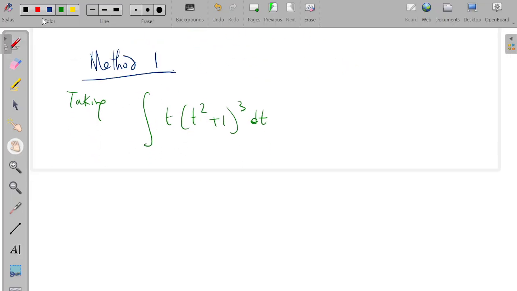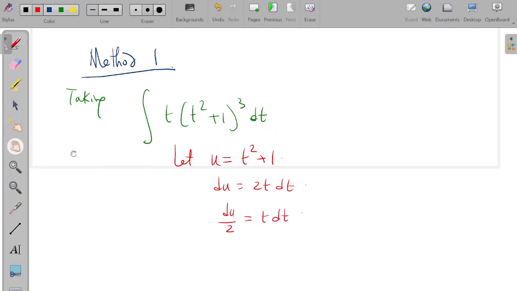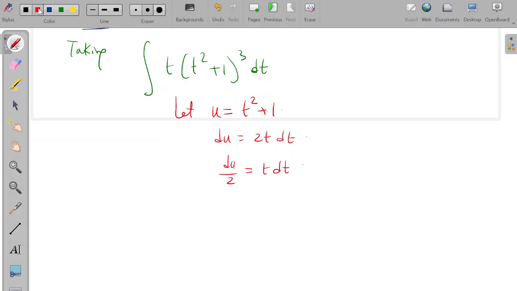In order to evaluate this, let u equal t squared plus 1. Then du becomes 2t dt, and du over 2 becomes t dt. Before I change it to u, let me rewrite it as this.